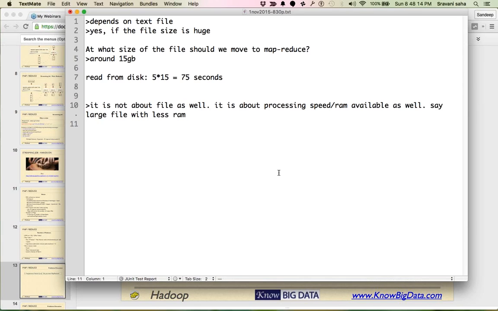So the only constraint in counting the frequency of characters is the problem of IO. It is neither CPU intensive nor RAM intensive. It is only the IO, as in input output. Generally, a computer can count this as fast as you can read from the disk.